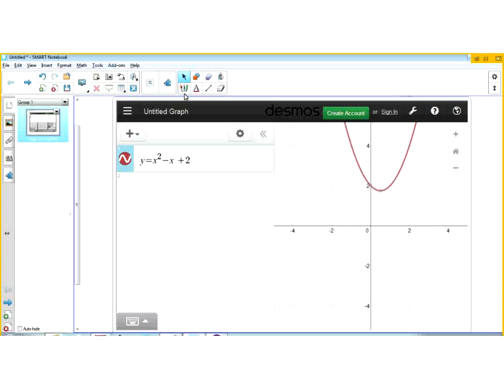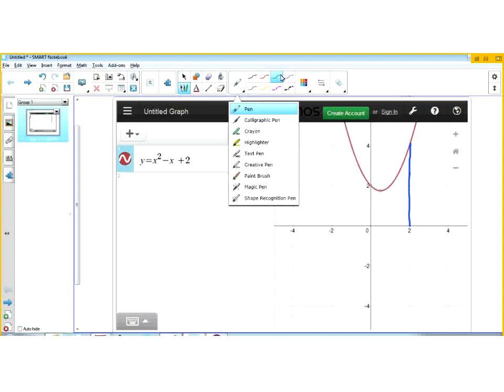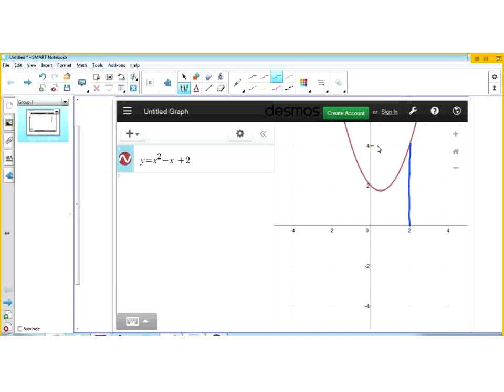So here we have x equals 2. The line x equals 2 is shown in blue right there. And then we have the line y equals 4, which is shown in green, right here.